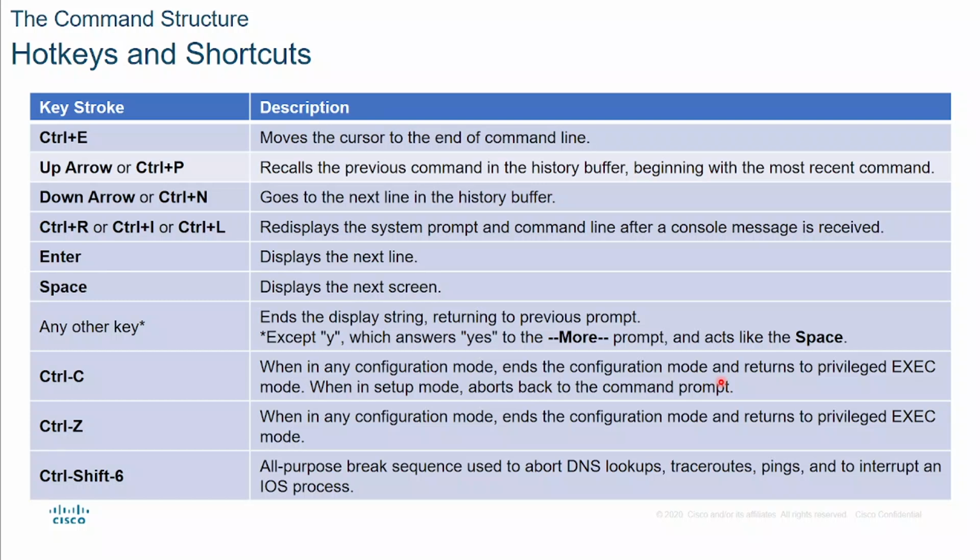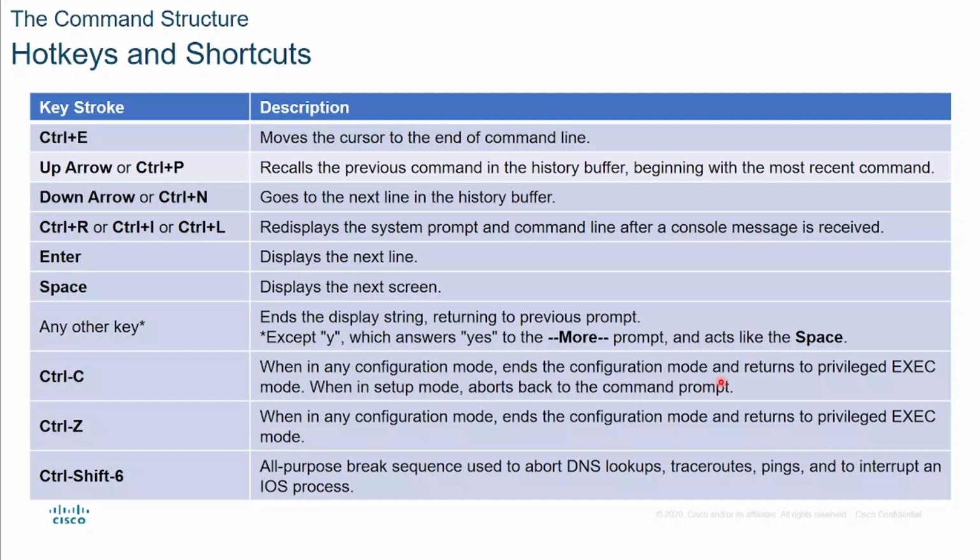For example, let's say you press y, which answers yes to the --More-- prompt. So we also have the Control C. When in any configuration mode, it ends the configuration mode and returns to privilege exec mode. Then Control Z, when in any configuration mode, ends the configuration mode and returns to privilege exec mode.